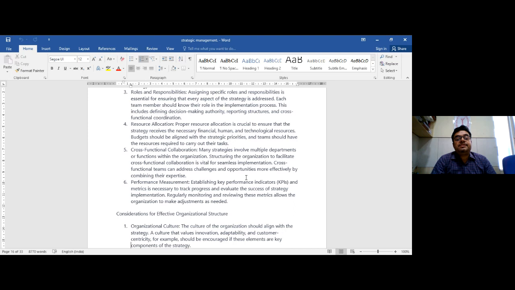Cross-functional teams can address challenges and opportunities more effectively by combining their expertise.